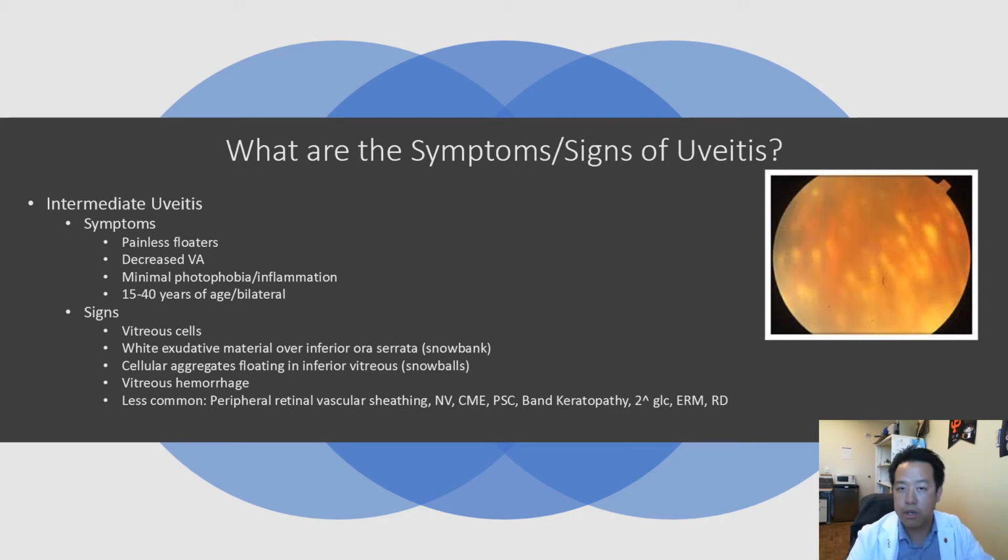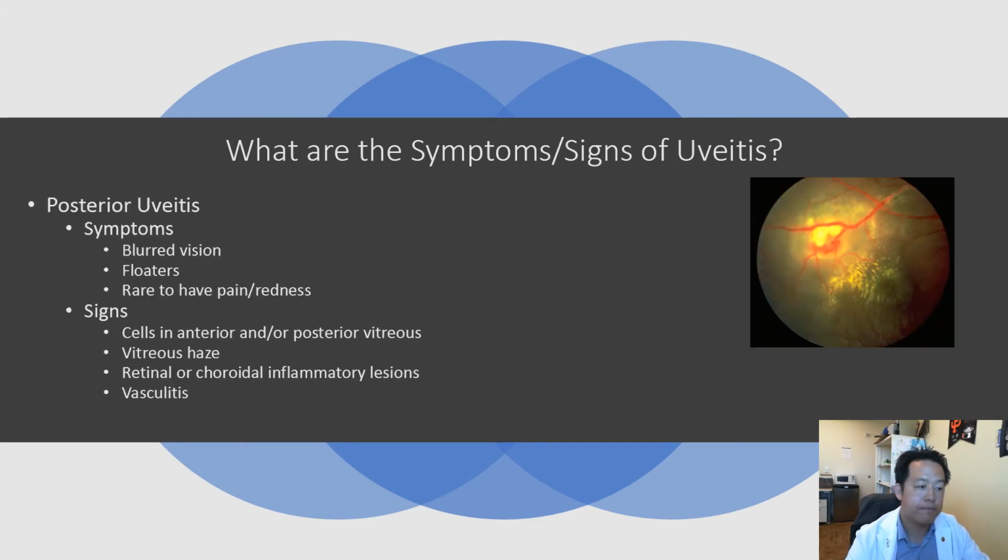Vitreous hemorrhage also can occur with this type of uveitis. Less common, peripheral retinal vascular sheathing, neovascularization, CME, even posterior subcapsular cataract, band keratopathy, secondary glaucoma, ERM, and retinal detachment. So a lot of things can show signs of uveitis.